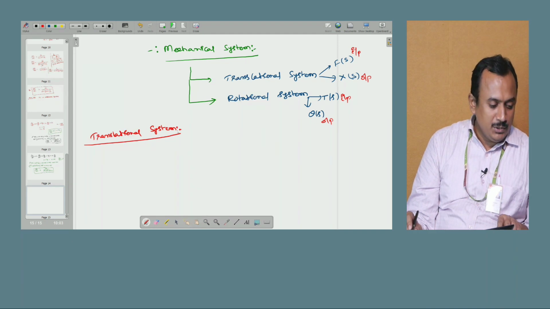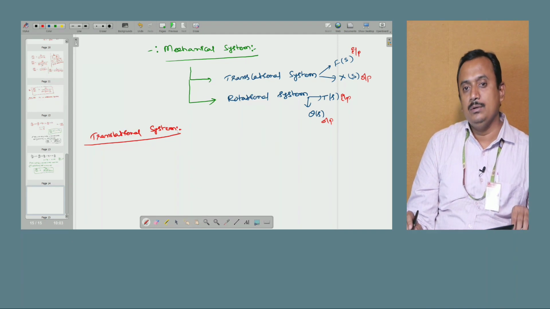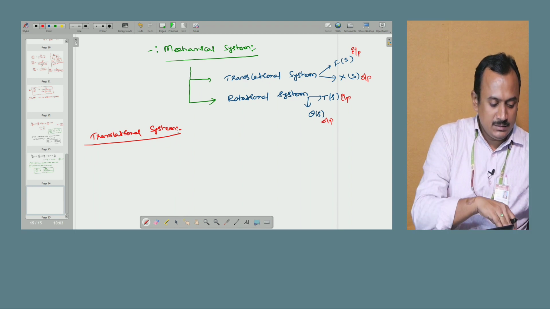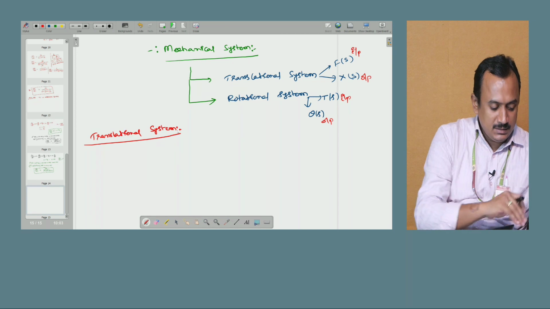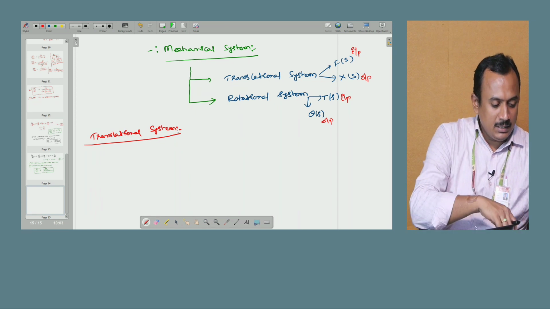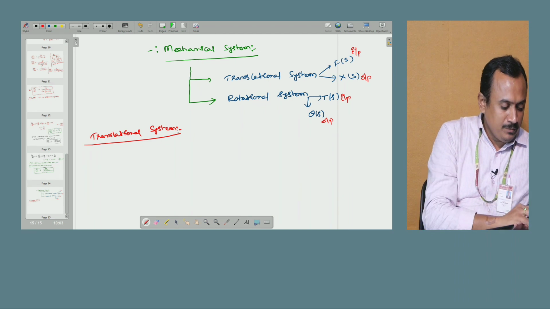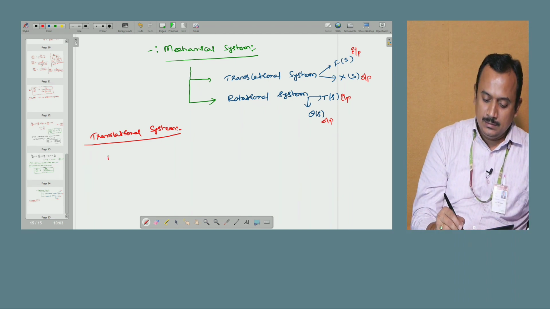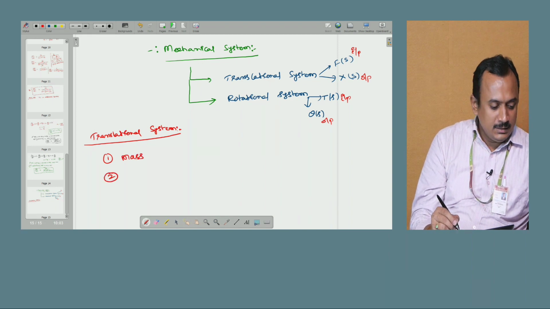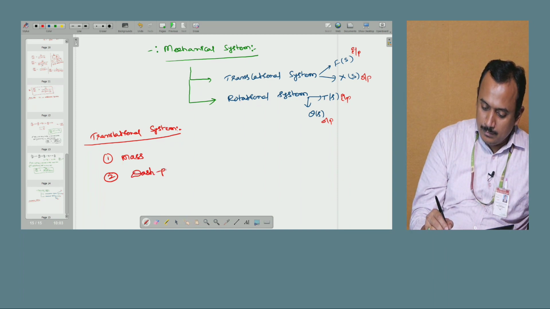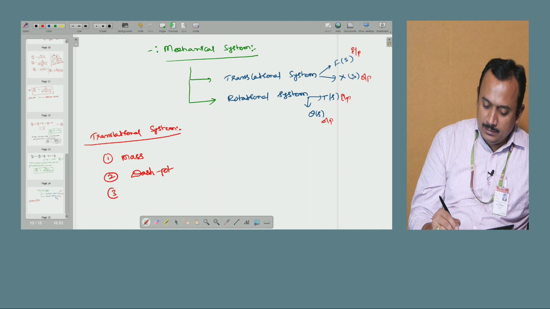The difference you need to observe is, here also we are going to have three elements: one is a mass element, second one is a dashpot, and third one is a spring constant.